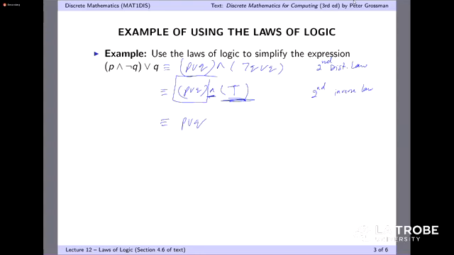So you would have P or Q, identity law. Three-step answer for that. So this expression can be simplified to just P or Q. You can verify your answer if you like in the end by constructing a truth table, if you like. It's not needed.